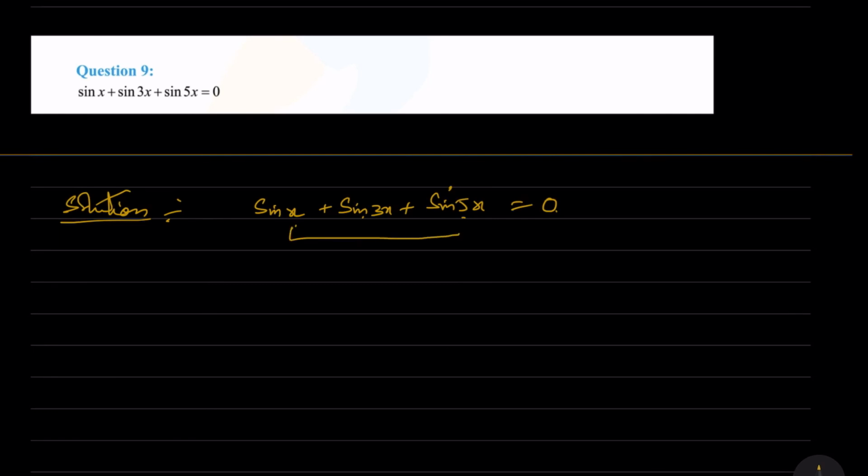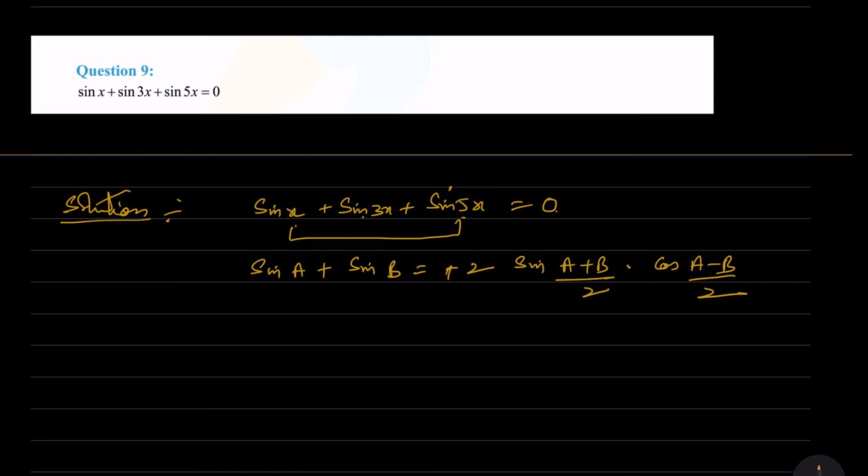So we are going to take a formula for this. The formula which we are going to apply for these two is sin a plus sin b is equal to, it is plus only, 2 sin of a plus b by 2 into cos of a minus b by 2.